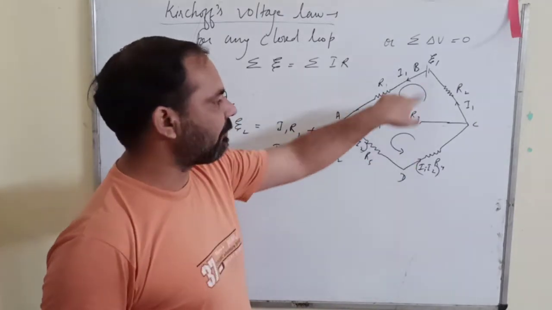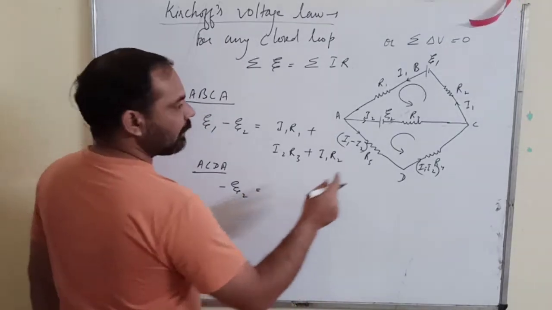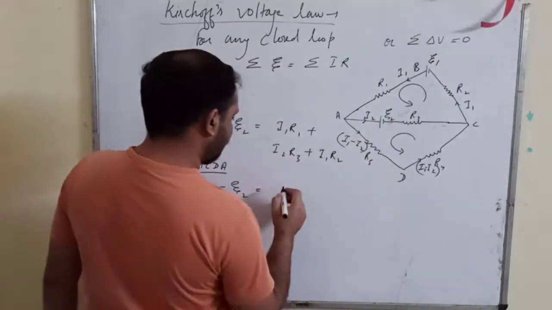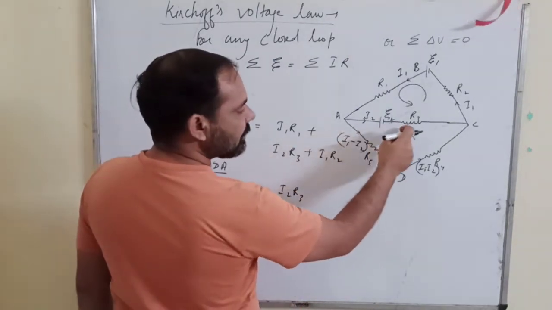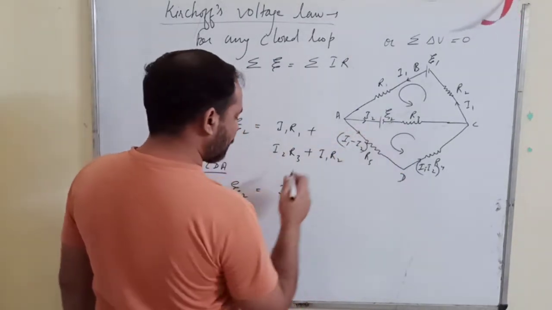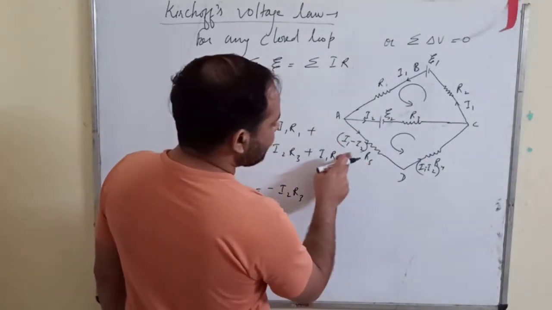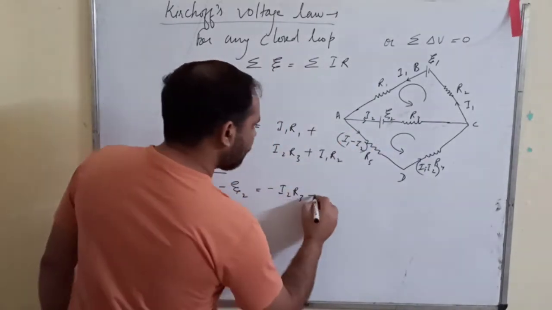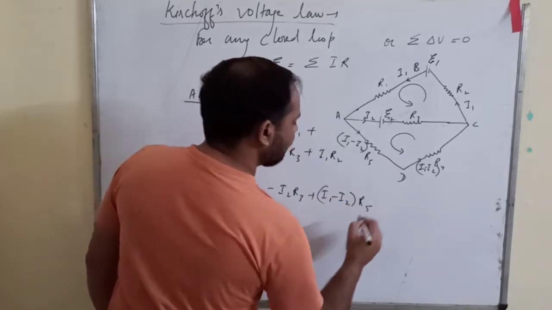There is no EMF 1, I am considering only this loop. Now it is equal to I2 R3. Now I2 is not following the direction, it is opposite, so minus I2 R3. Then here this is following the direction, plus I1 minus I2 R5.